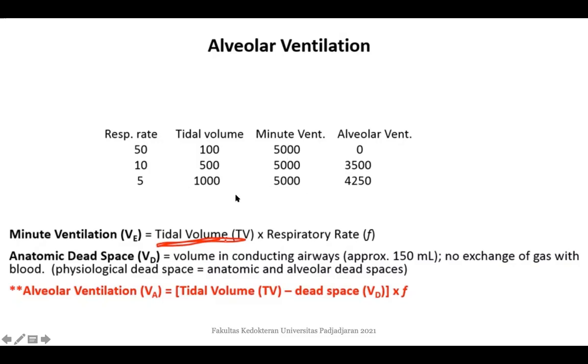So we can have the same minute ventilation here, but if we are taking deeper, less frequent breaths, they have a radically different alveolar ventilation. It is important to keep in mind that minute ventilation does not necessarily mean all that much. We care more about alveolar ventilation.